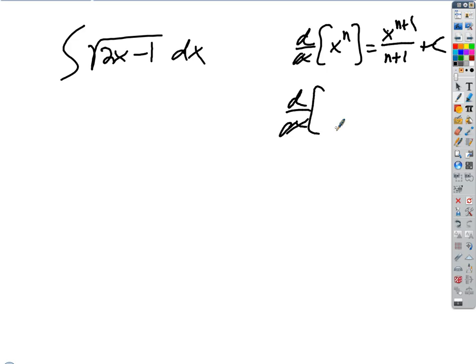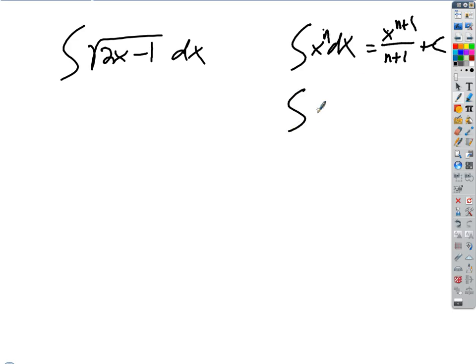That's supposed to be an integral, not a derivative. Antiderivative. Or we have this, the antiderivative of cosine x dx equals sine x plus c.